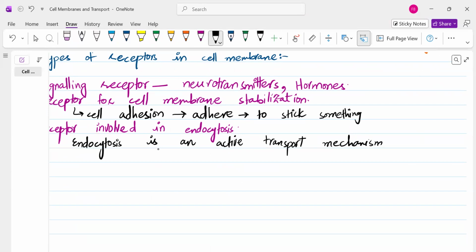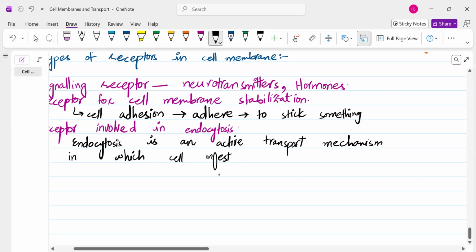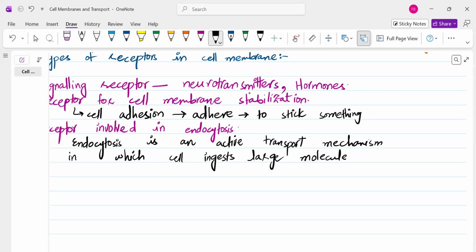Okay. Endocytosis is an active transport mechanism in which the cell ingests large molecules by engulfing them.